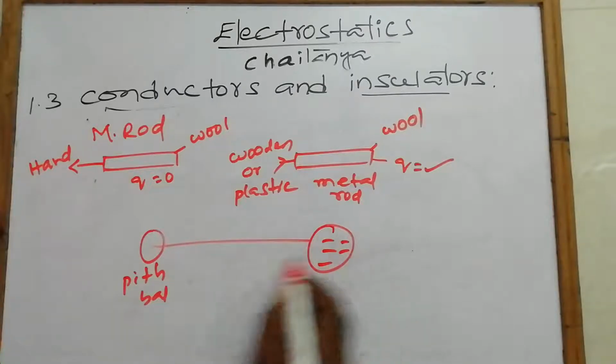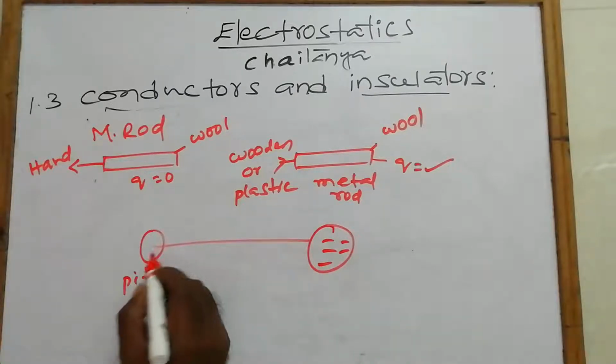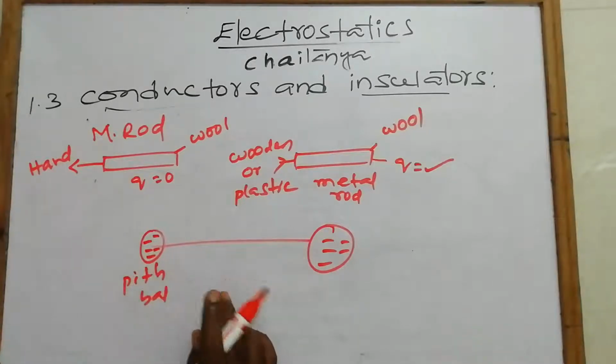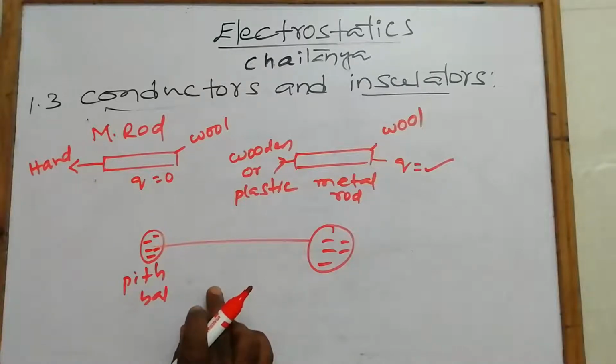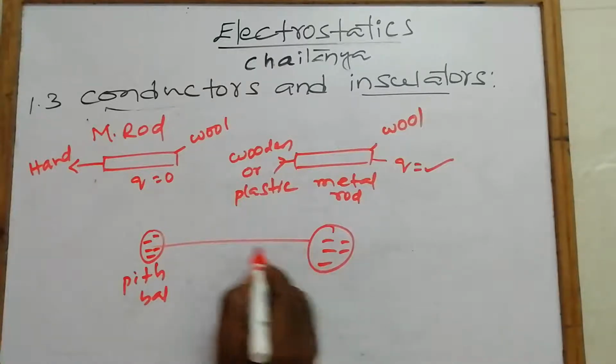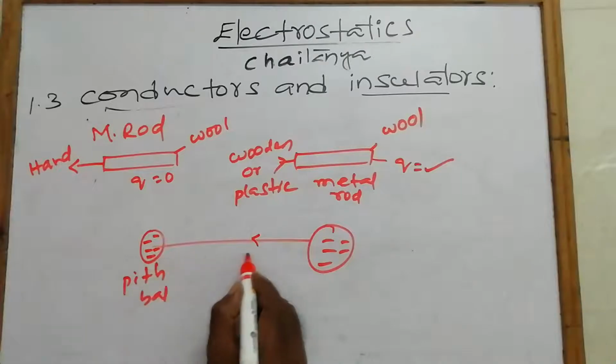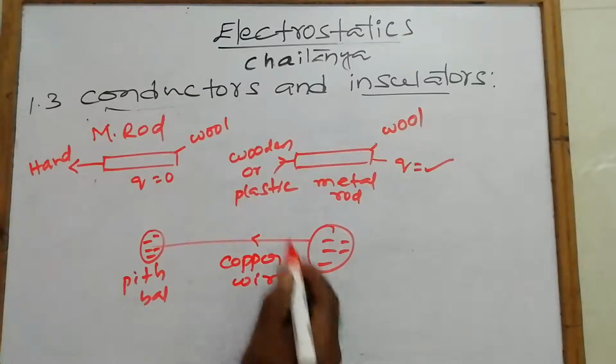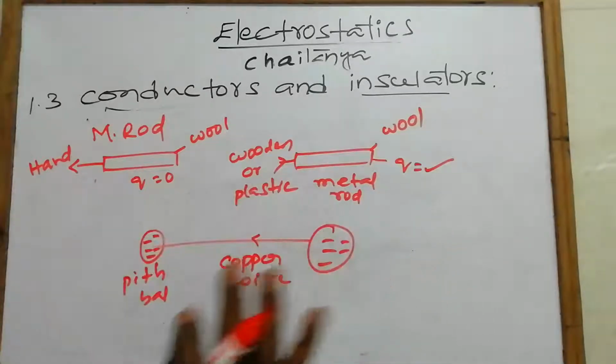Now we will find that the pith ball acquires negative charge. Why? Because electrons transfer to the pith ball through the copper wire. Copper wire is a good conductor, but a plastic handle is not a good conductor.